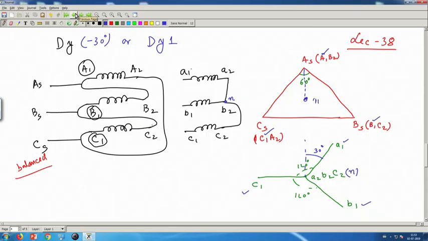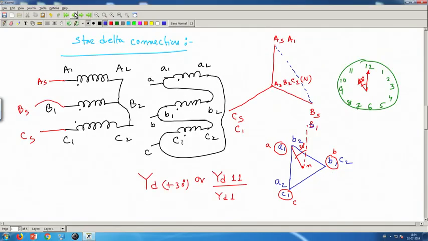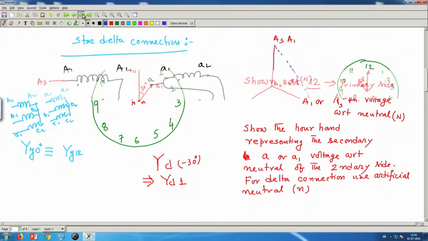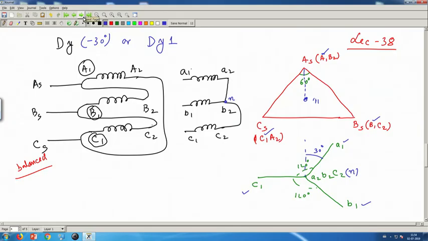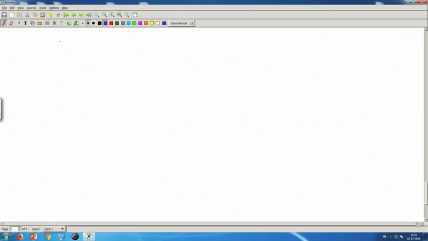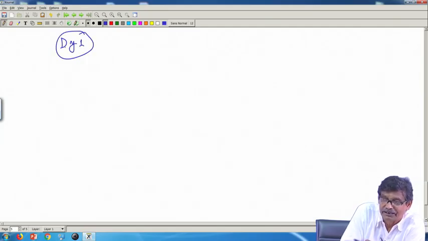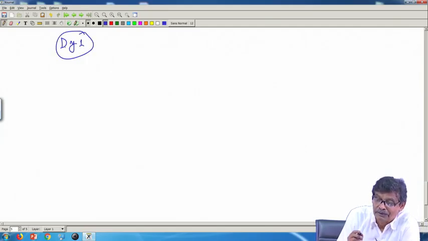It looks as if I have connected first, then told you, oh, you have connected, this is this phase group. But suppose I want to connect D Y 1, the connection I know now.